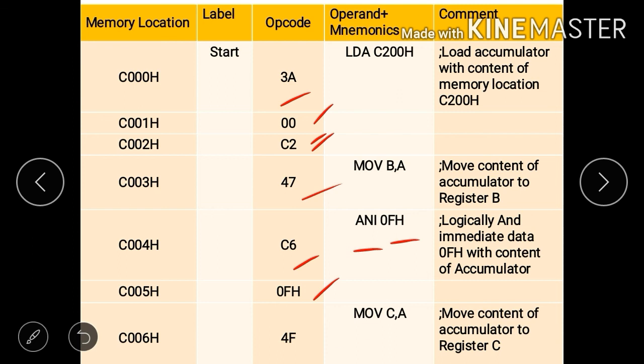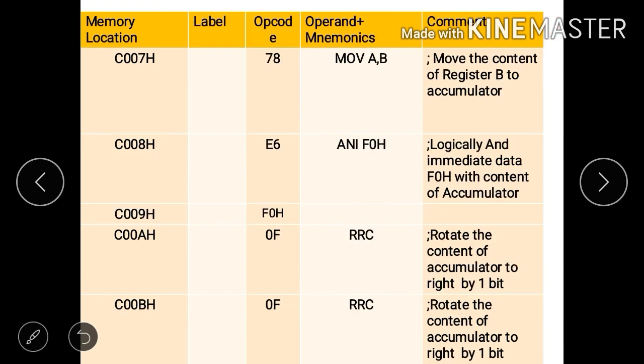The next instruction is MOV C, A. Move content of accumulator to register C. This is a 1-byte instruction. Next is MOV A, B. Move content of register B to accumulator.